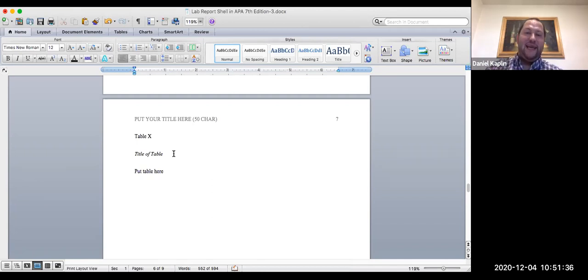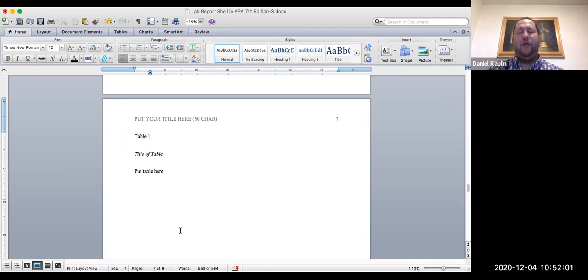But what we see is when we format it, we do table. Now I did table X, but you would always start with table 1. And then you would title your table and put your table there. Very important: it is 1 table per page.